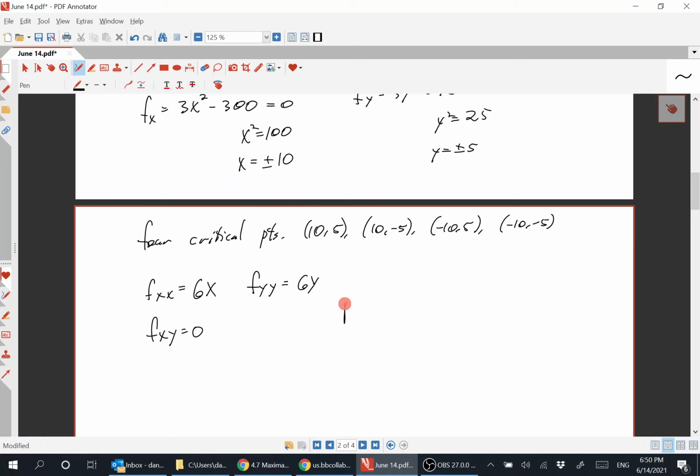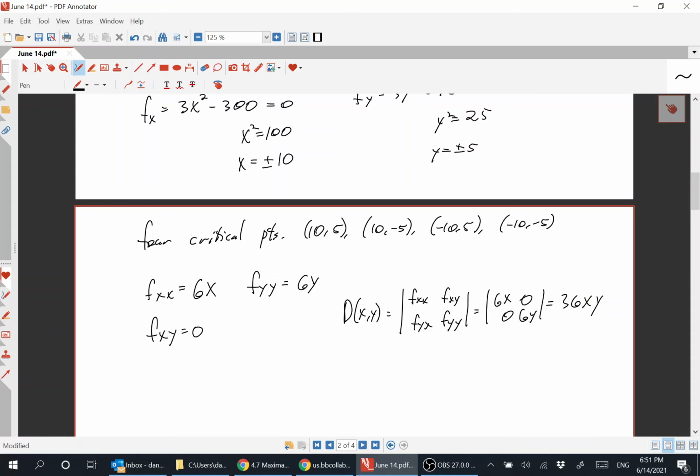So that 2 by 2 determinant, at x, y, so not at any one of the specific 4 points just yet, is fxx, fxy, fyx, fyy. So we have 6x, 6y, 0, and 0. So 36xy.